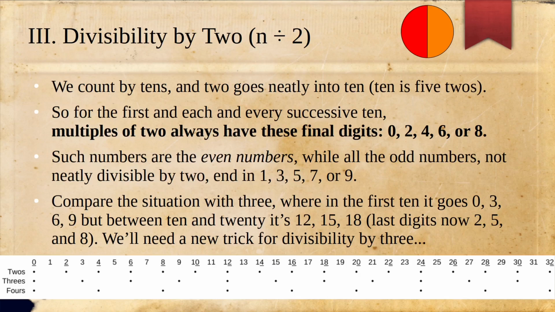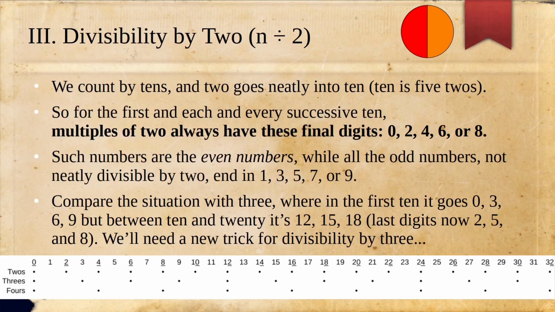Compare this to the situation with 3, where in the first 10 it goes 0, 3, 6, 9, but between 10 and 20 it's 12, 15, 18, so the last digits are now 2, 5, and 8. So we'll need a different trick for that. And I just want to explain the bottom chart there. I've underlined the final digit for every multiple of 2, and I've also placed dots under the numbers that are hit when you count up by 2s and 3s and 4s.